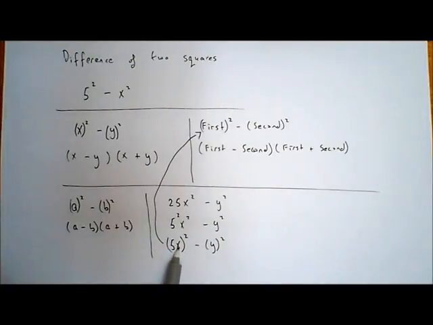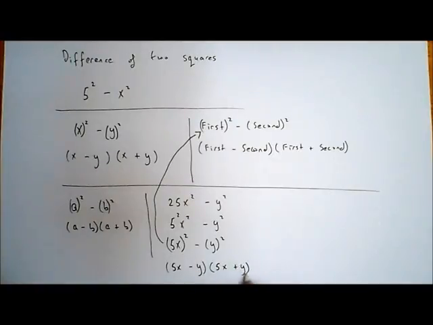The thing in brackets is 5x, and the second thing is y. To factorize, I just go first minus second. So it's going to be 5x minus y, multiplied by 5x plus y. It was the first thing minus the second thing, times the first thing plus the second thing.